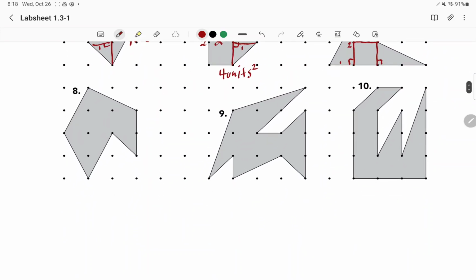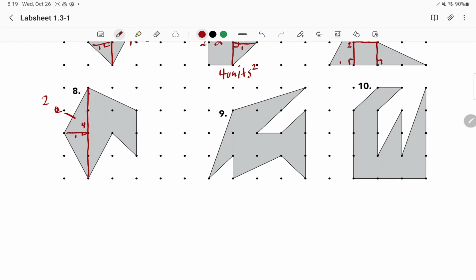Like I said, 8, 9, and 10 is where it starts to get tricky. So you might have to start getting somewhat creative on some of these. Looking at 8, I would probably just make a triangle here that's 1, 2, 3, 4 by 1. 4 times 1 is 4 divided by 2, so this has an area of 2.